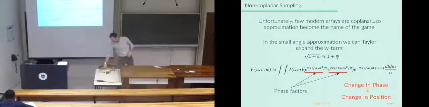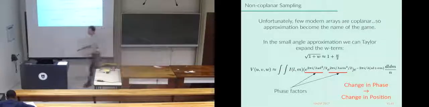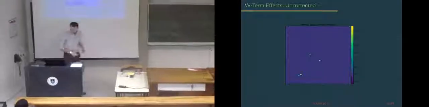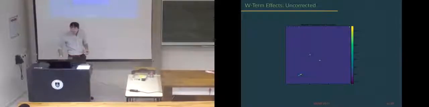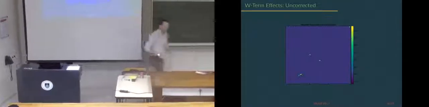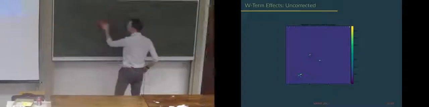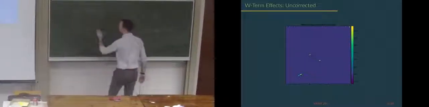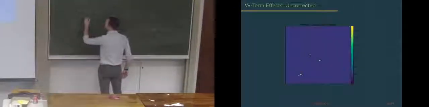I'll draw some off before and show you. Basically, it's a smearing out of a point. It's most prevalent when you look at a point source, but in fact, it happens at every single pixel. Given some fairly big image that you don't correct for, you have some point source here, that's fine.